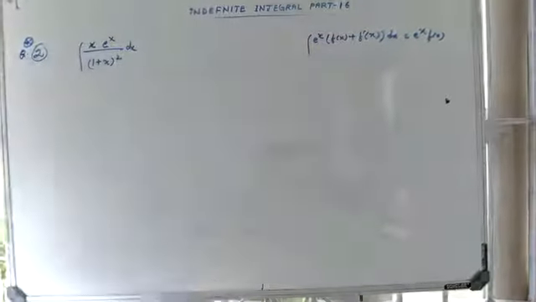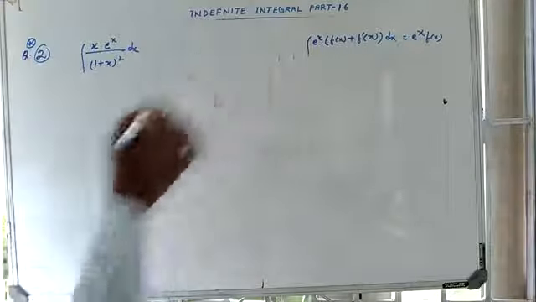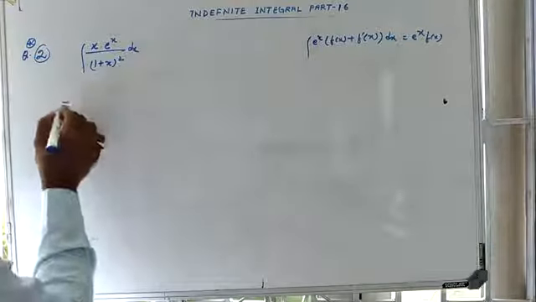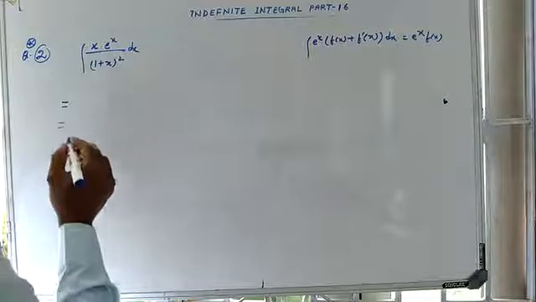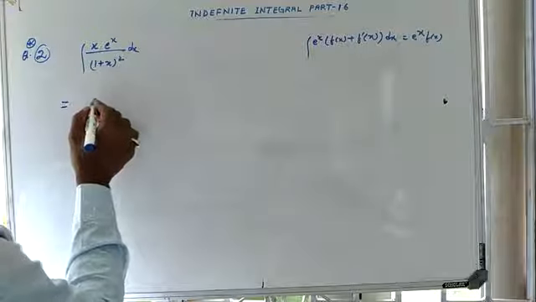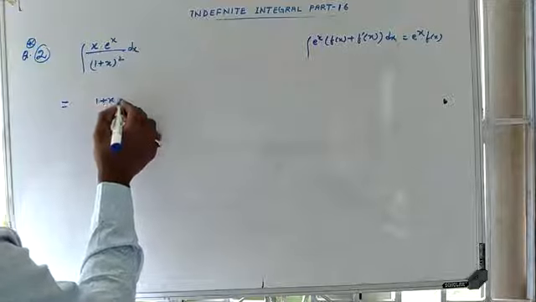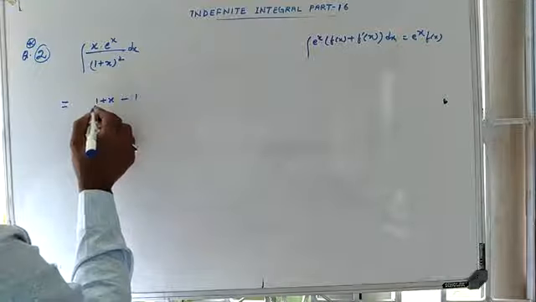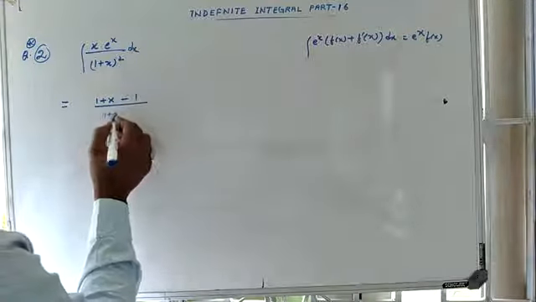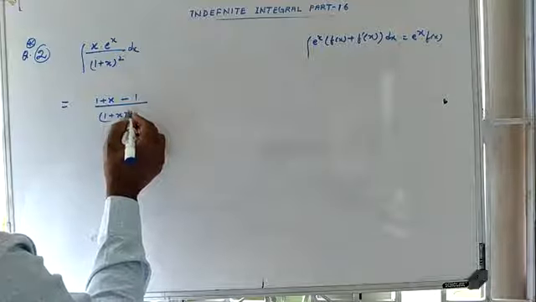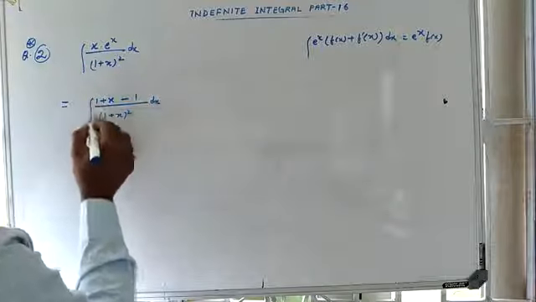Here the question is not given directly in this form, but we can reduce it to that form. So x can be written as 1 plus x minus 1, divided by 1 plus x whole square dx.